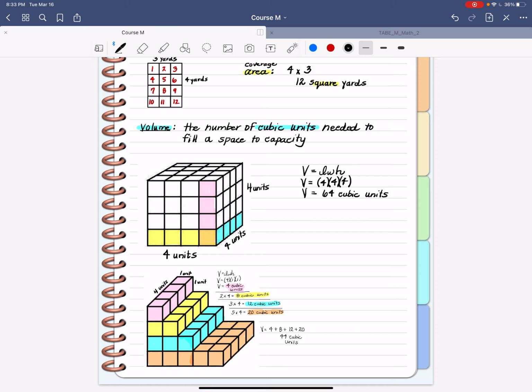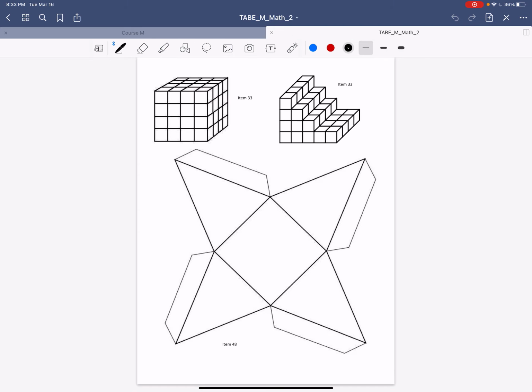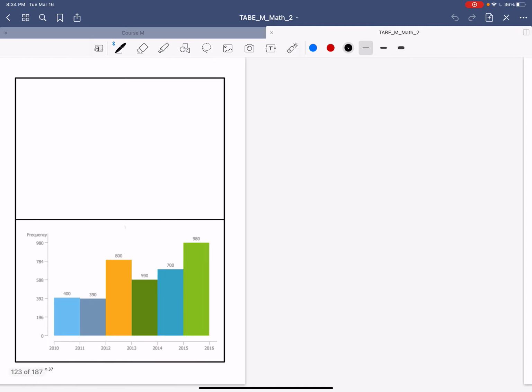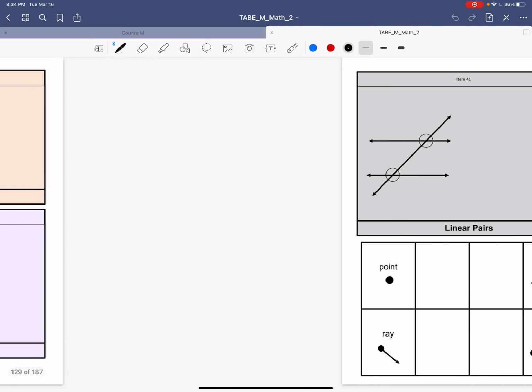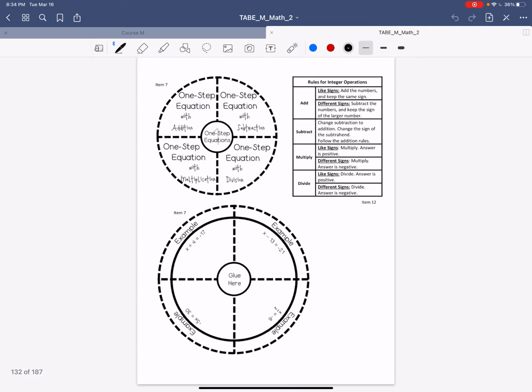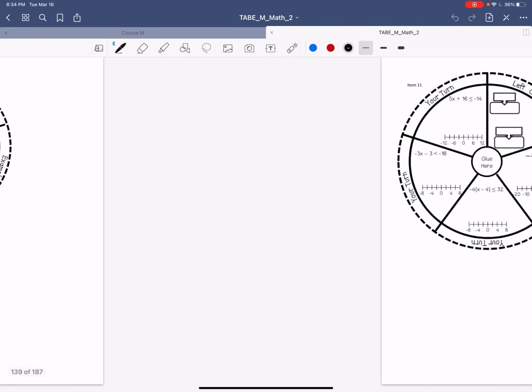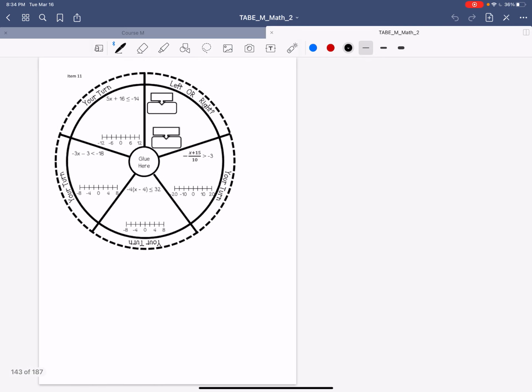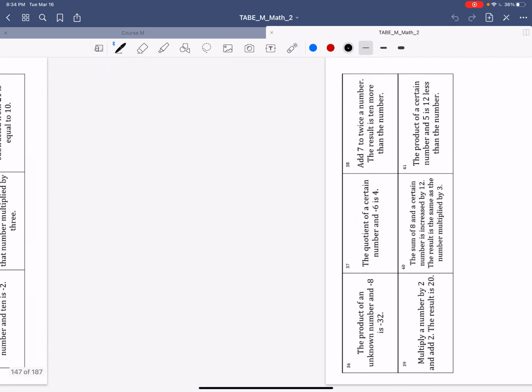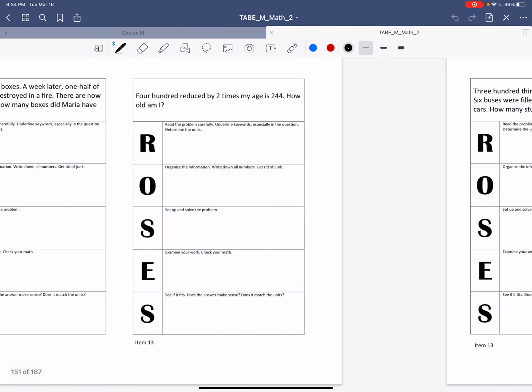Okay, there is one more, and I need to find it. I'm sorry that I lost it. I had them all ready to go, and then I decided to draw that area model, and I lost it. So bear with me. I'm saying that a lot lately, aren't I?